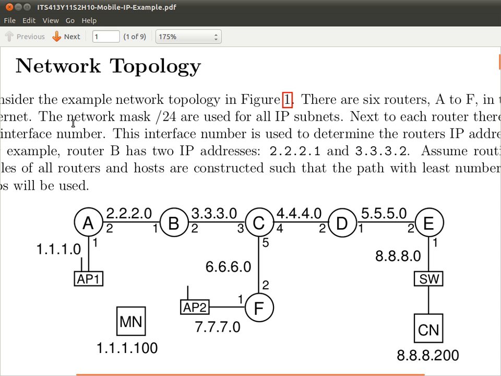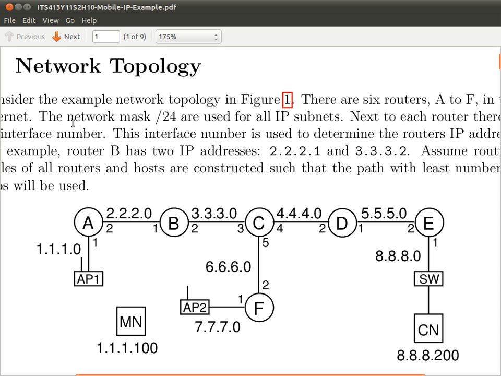By sending a registration request to the foreign agent. So this is in figure 3 in the handouts. What does it tell the foreign agent? What's useful to tell the foreign agent?